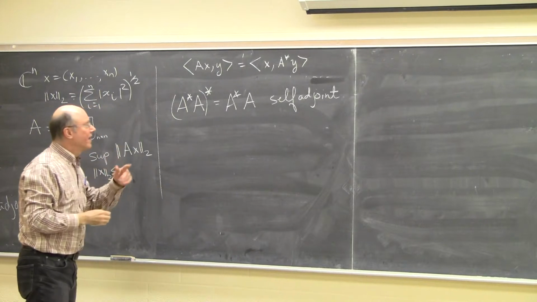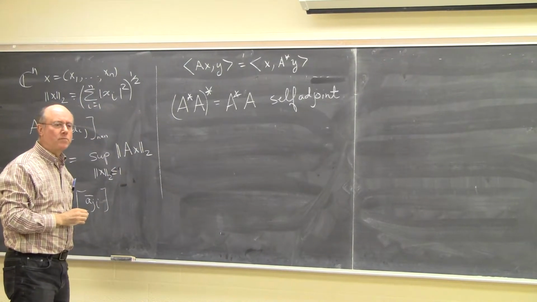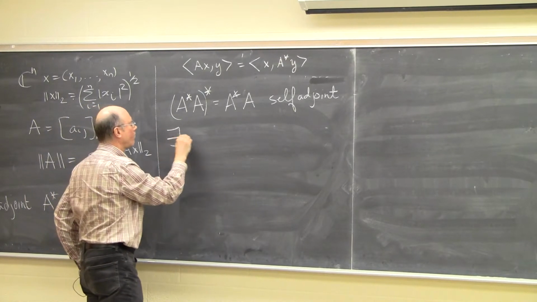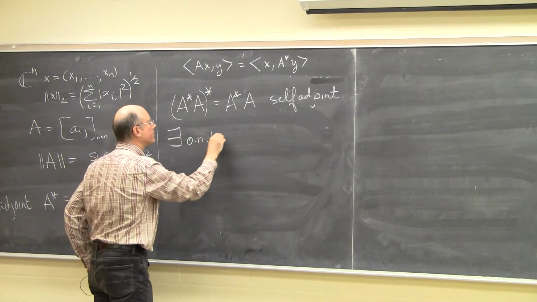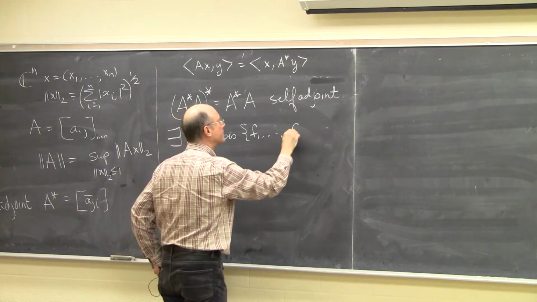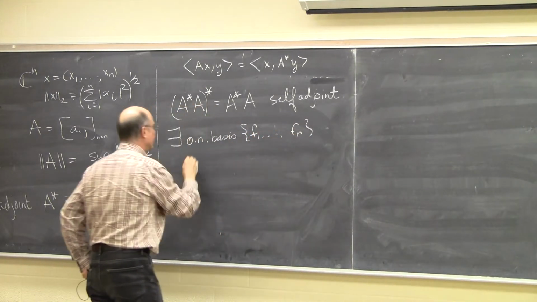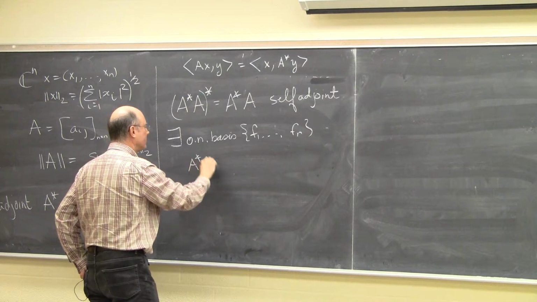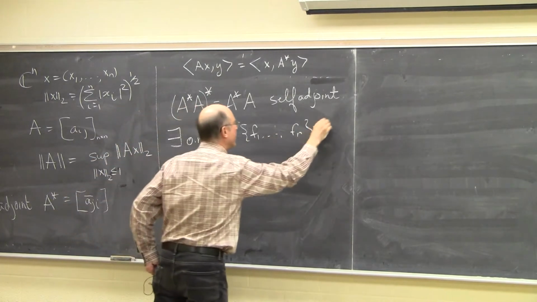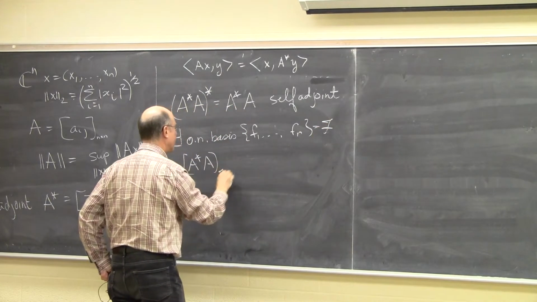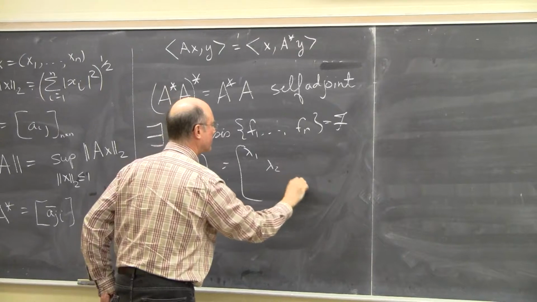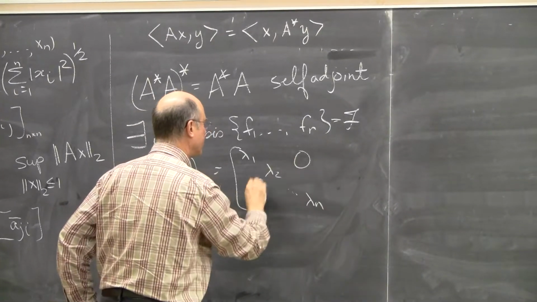So that means that it's diagonalizable with respect to an orthonormal basis, say F1 up to Fn, so that A star A with respect to this new basis, let me call it F, is just lambda 1, lambda 2, lambda n.